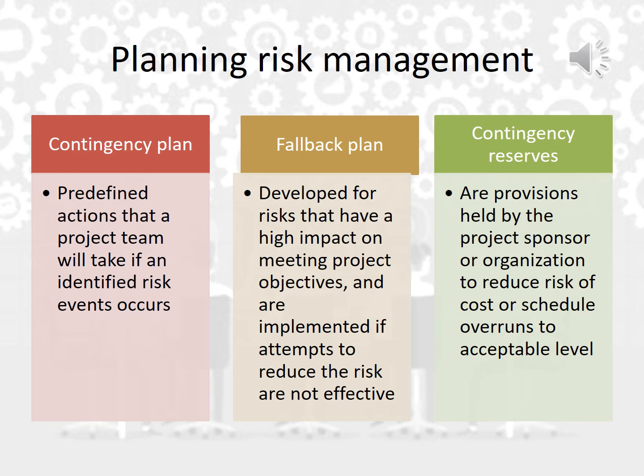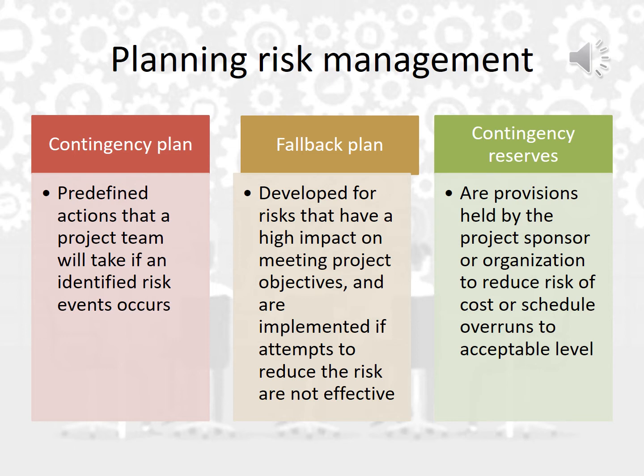It is a predefined action that a project team will take if an identified risk event occurs. Actually, the term contingency plan is equivalent to emergency plan, so you can use a similar term to indicate such a plan. But let's understand that plan by giving an example.